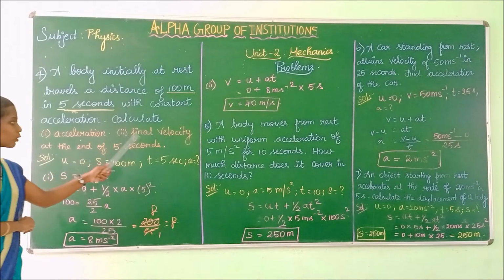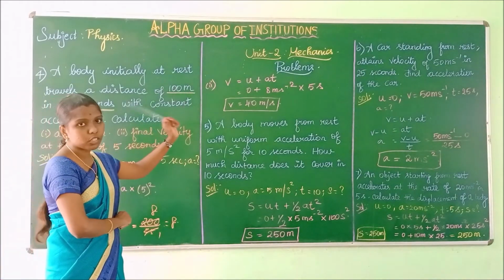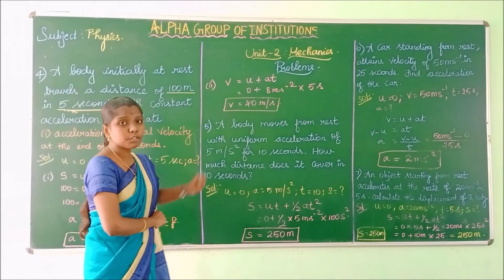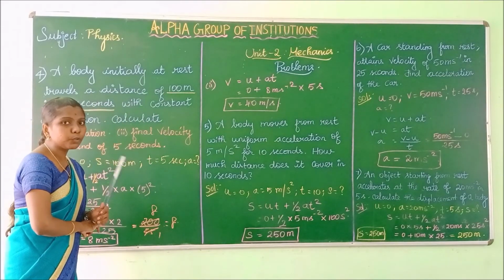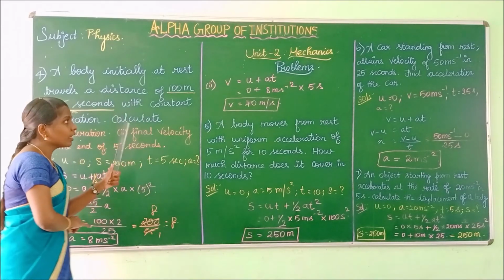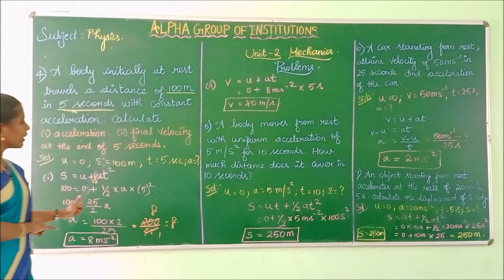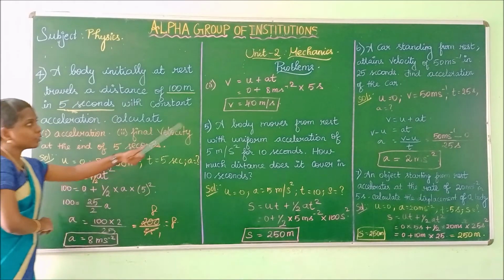Next we are going to calculate the final velocity. The formula to calculate final velocity is v is equal to u plus at. What is the formula that we use to calculate final velocity? v is equal to u plus at. Hence u is equal to 0. Initial velocity is 0 and acceleration, what we have found out, a is equal to 8 meter second power minus 2.